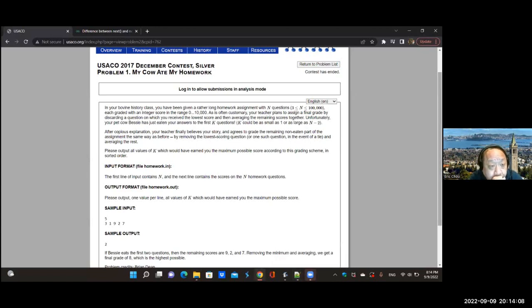Share your screen, please. Let me know which one you are working on. This one is a silver problem. Are you sure you want to do this one?